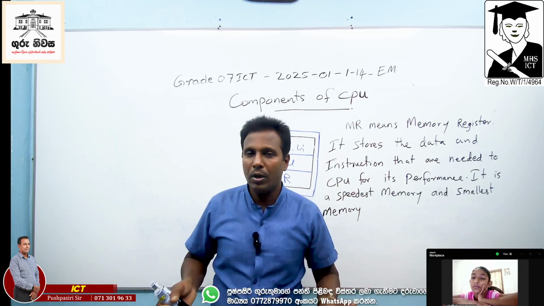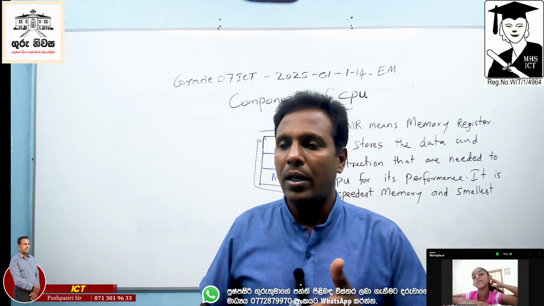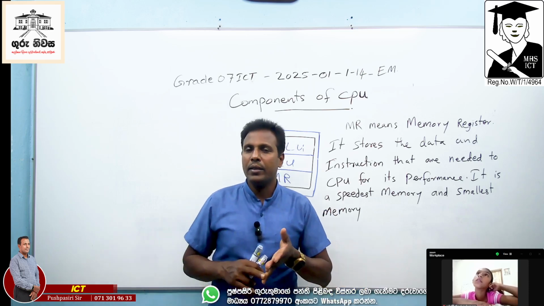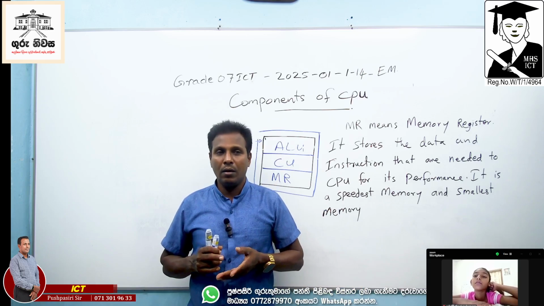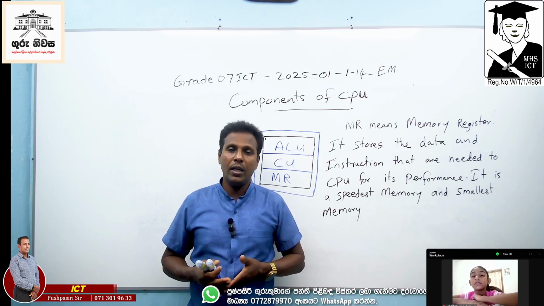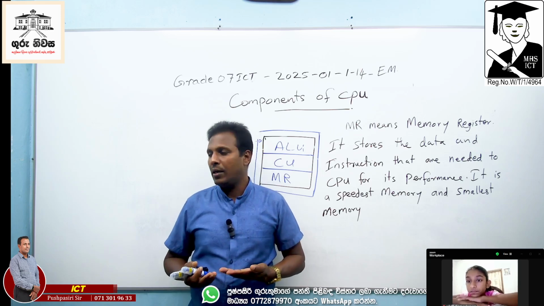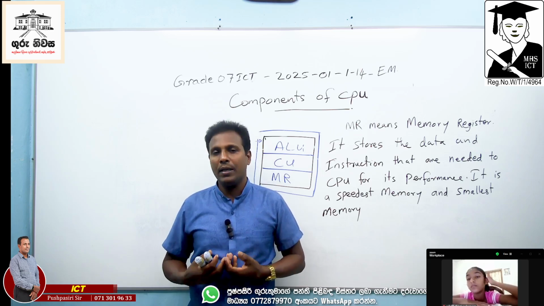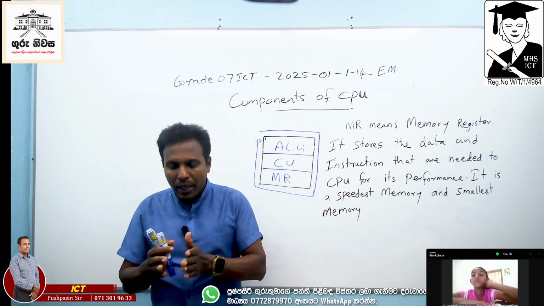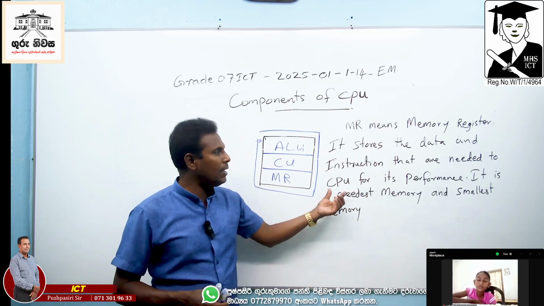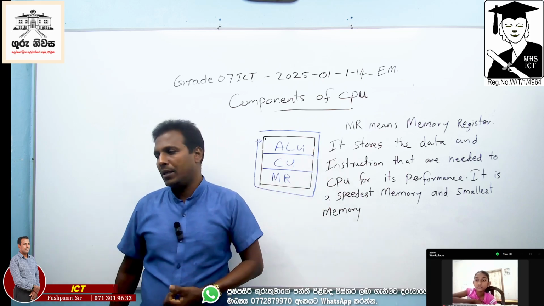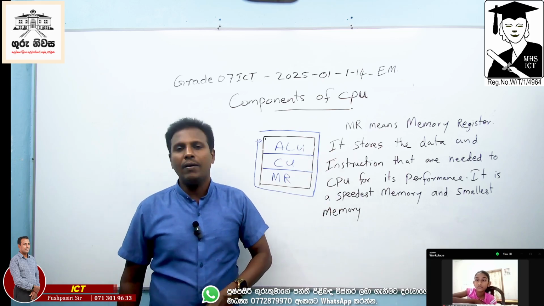Now මොනවද other memories කියලා කියන්නේ? It can be ROM, it can be RAM, it can be pen drive, CD. All these are memory, no puta? Hard disk. So all are memory. So when we compare to that, the very speediest or the fastest memory is that MR memory, right? වේගවත් memory එක තමයි පුතා ඔය කියන්නේ.